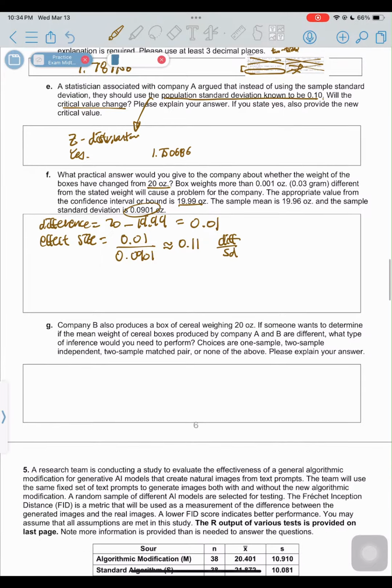Cool. So if you look at that, the difference is large because our standard is 0.001, right? So 0.01 is much larger than 0.001. So the difference is large, but the effect size is small. So in this case, it is not practically significant.